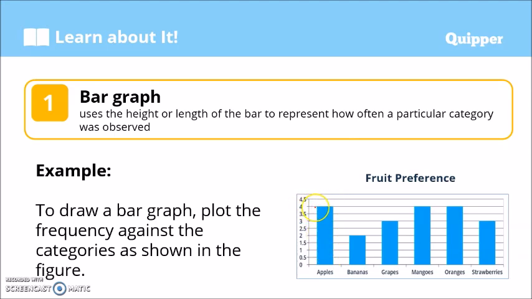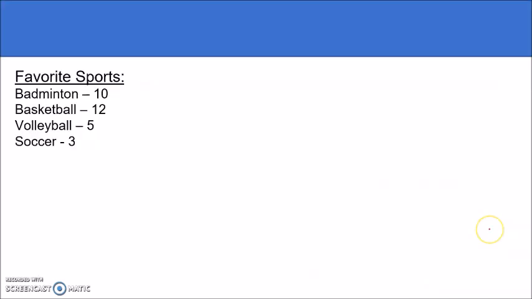So it stops here at 4. Therefore, we have 4 apples. For the bananas naman, the end of the bar stops at 2. So therefore, it means we have 2 bananas. And so on with grapes, we have 3. Mangoes naman, we have 4, and 4 oranges and 3 strawberries.